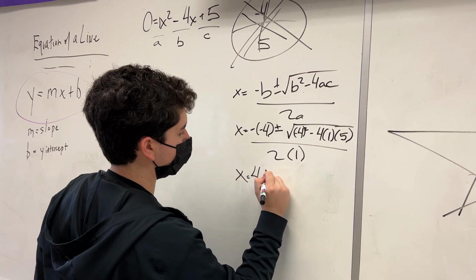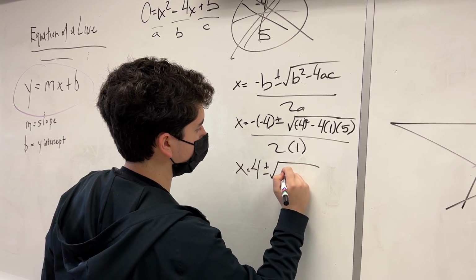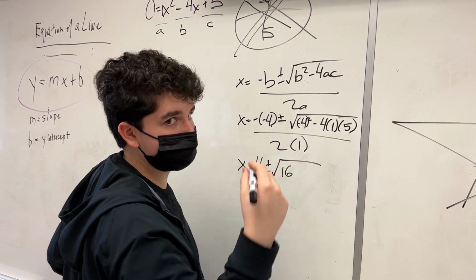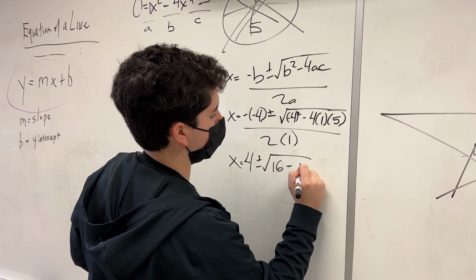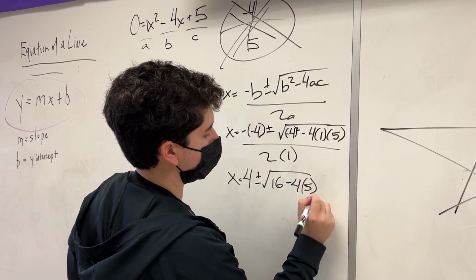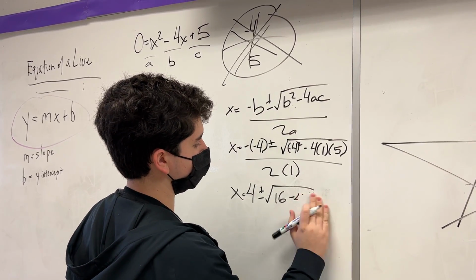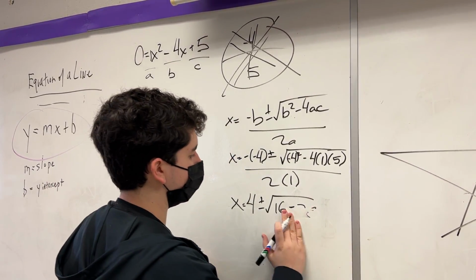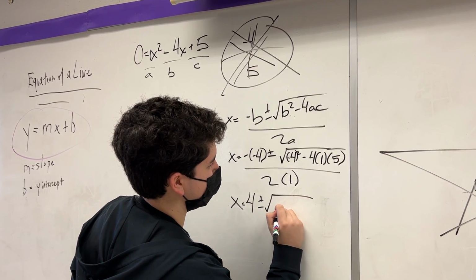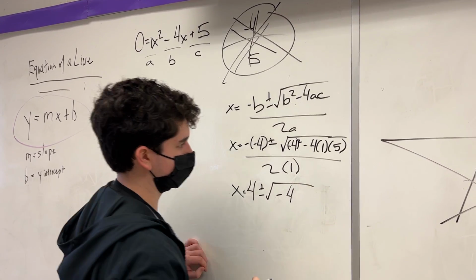X is equal to 4 plus or minus the square root of 16, because -4 times -4 is 16, minus 4 times 5, which is going to be 20. So I'm going to write that in. 16 minus 20, what's 16 minus 20? That is -4.